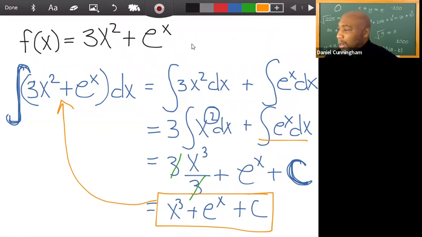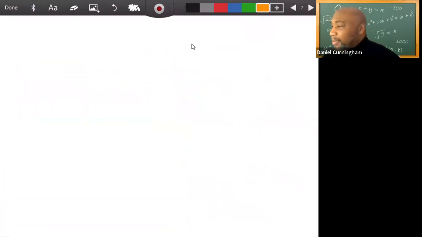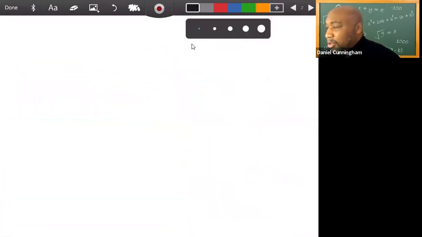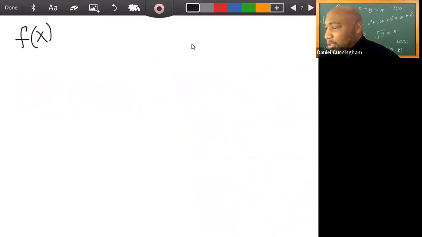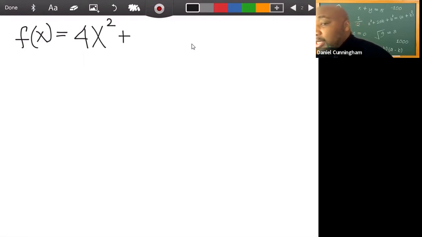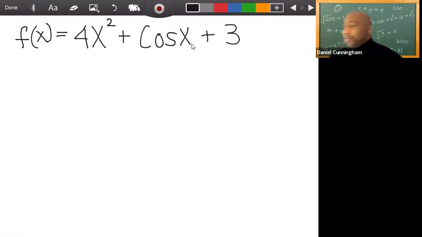Let's look at some other problems. We could just do so many problems. So let's do f of x, and you give me a problem. Okay, that sounds good. Let's say 4x squared plus, and let's put a trig function here, plus the cosine of x, and let's add one more, plus 3.